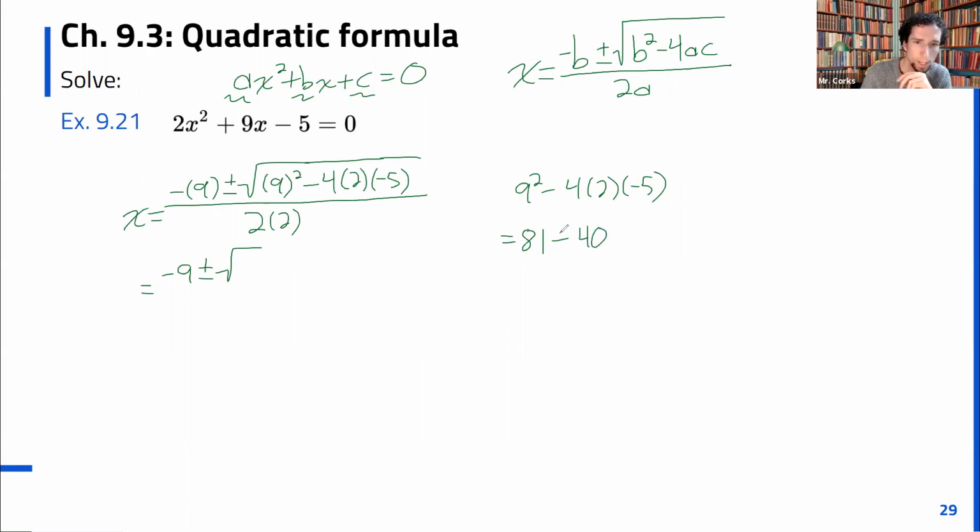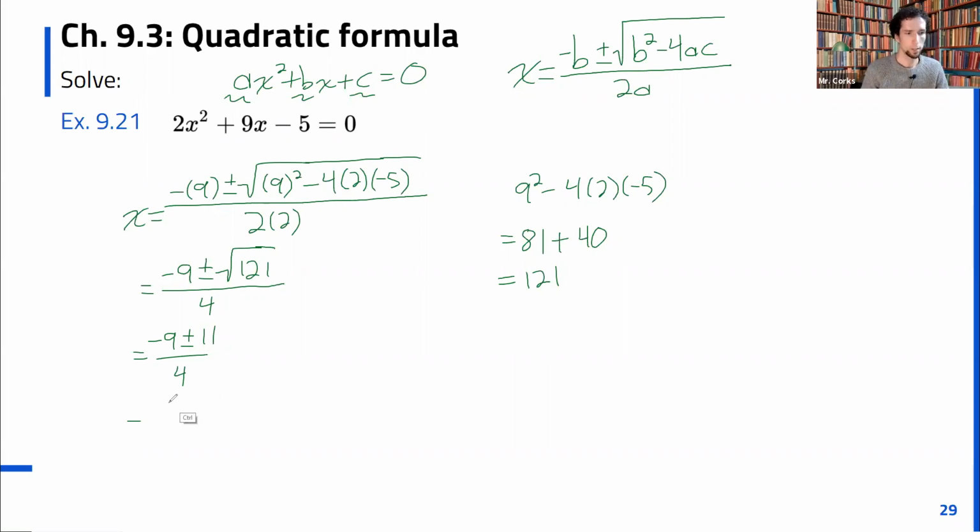Positive, so negative, and then the negative 5 here, that's going to turn it into a positive number. And that is 121, and then we're very happy because that's a nice clean square root. And over 4. So negative 9 plus minus, what is that square root? 11. 11 over 4.